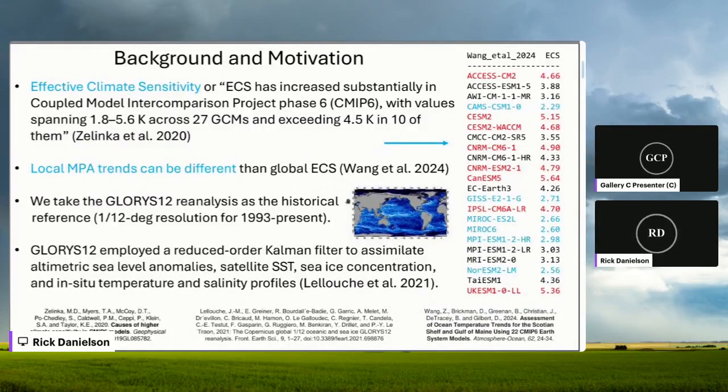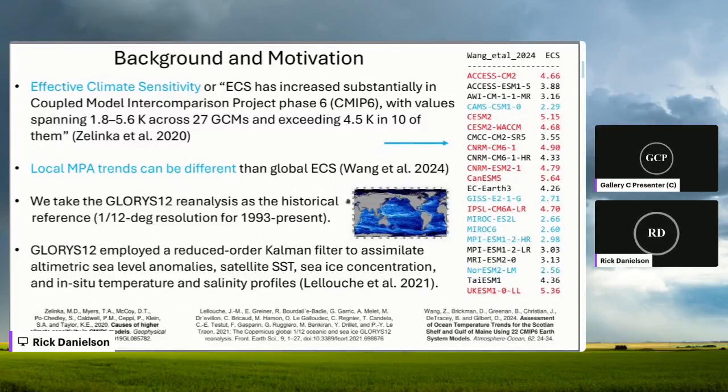Just for background, the CMIP models are listed on the right. We are only taking one ensemble of each model, and each model has a trend that allows us to refer to these models as warm or not so warm in their effective climate sensitivity.